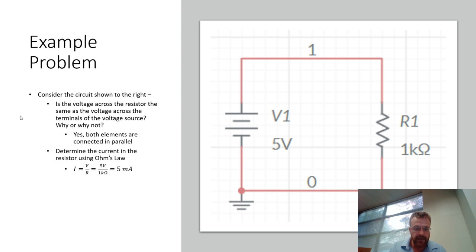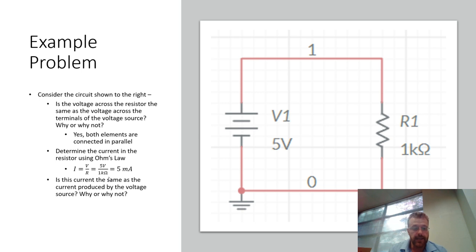If you substitute in for V, the voltage across the resistor, which is 5 volts, and for R, 1 kilo ohm or 1,000 ohms, you will find that the result is equal to 0.005 amps. Amps, remember, is the SI unit of current. However, we don't typically write the quantity as 0.005 amps. We would convert it to engineering notation and express it as 5 milliamps.